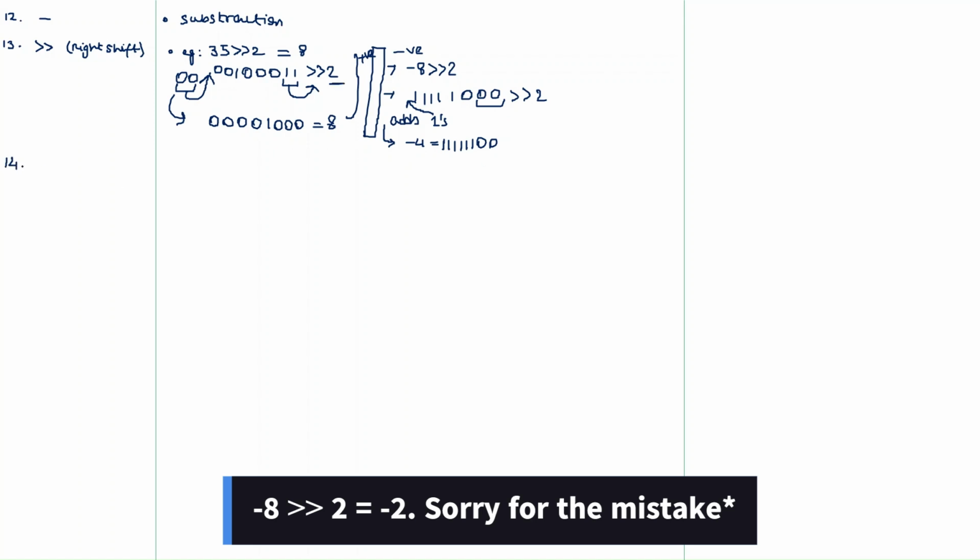Let's come to the 14th bitwise operator, which is unsigned right shift. It is known as the bitwise zero fill right shift operator.